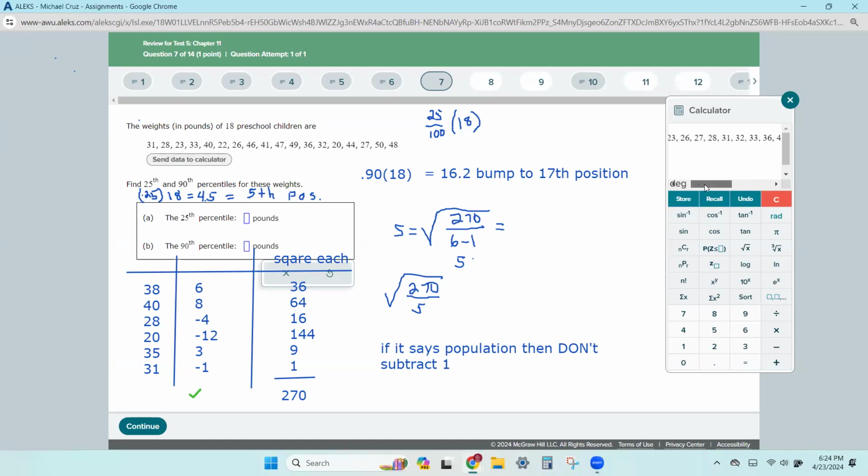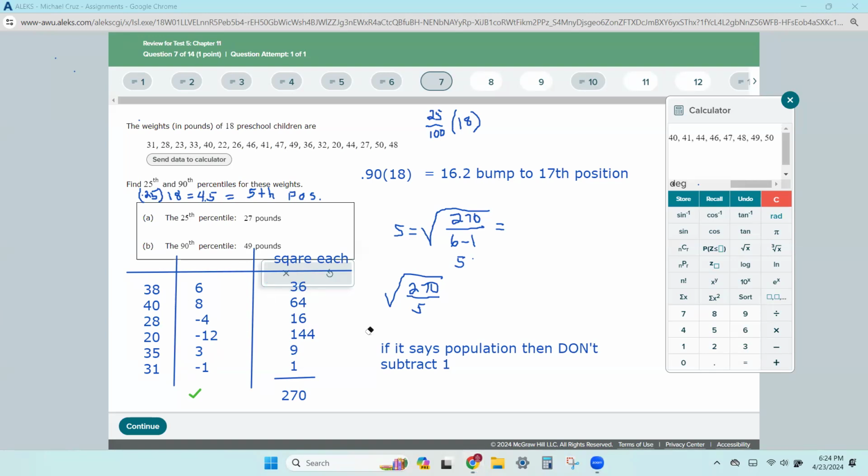Anyway, 1, 2, 3, 4, 5. So 27 is what goes here. And then the other one is 17. Now, to make it easier, I'll just come over here. 18 and 17, so go backwards. So 49 pounds. There's your percentiles.